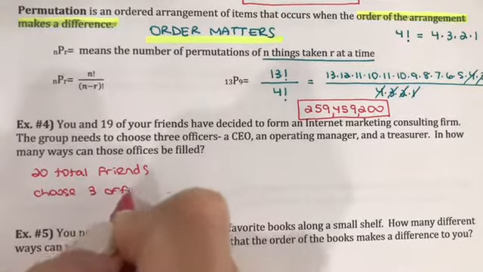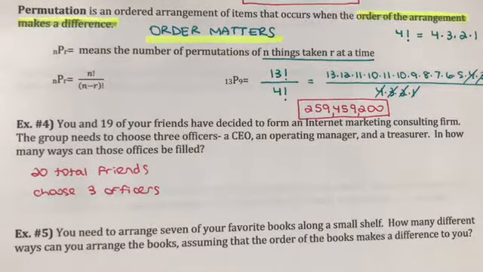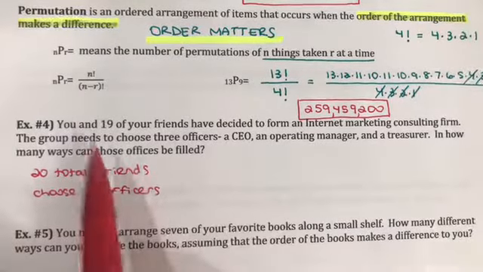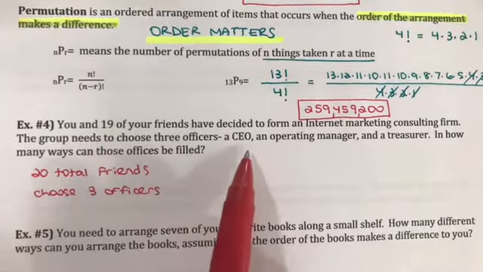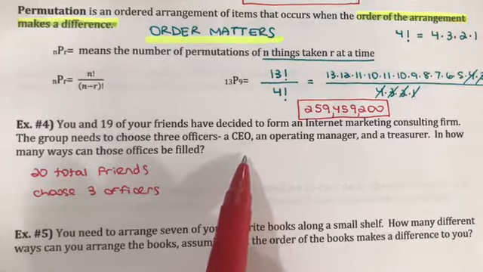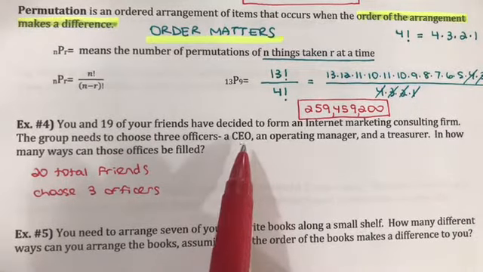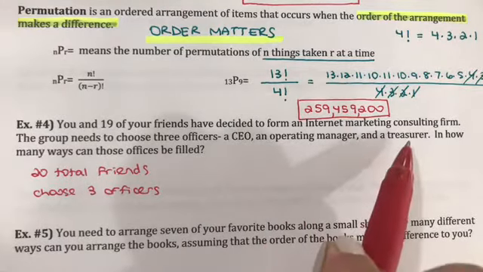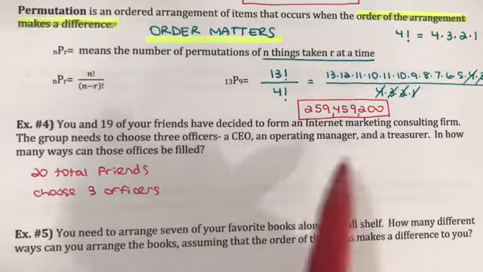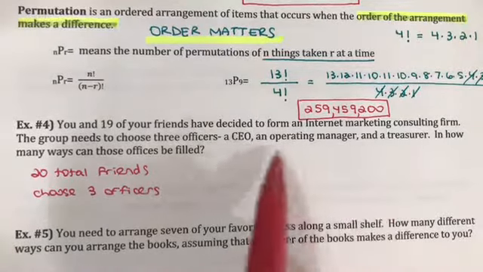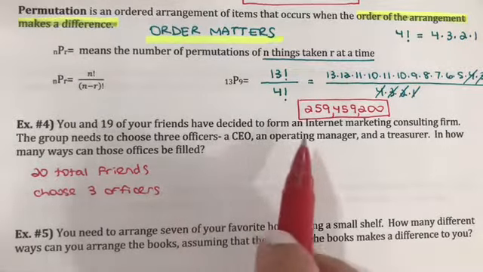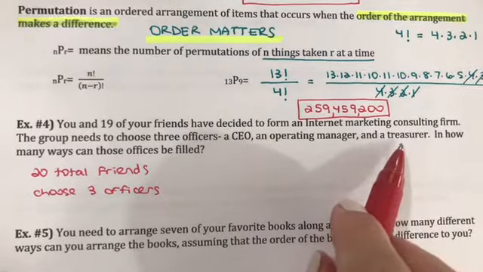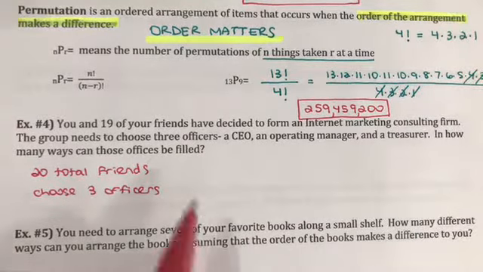The order does matter, because if I pick myself, Sally, and Amanda, and I put myself as the CEO, Sally as the operating manager, and Amanda as the treasurer, that's a different possibility than Amanda as the CEO, me as the operating manager, and Sally as the treasurer. So that's why order matters here.